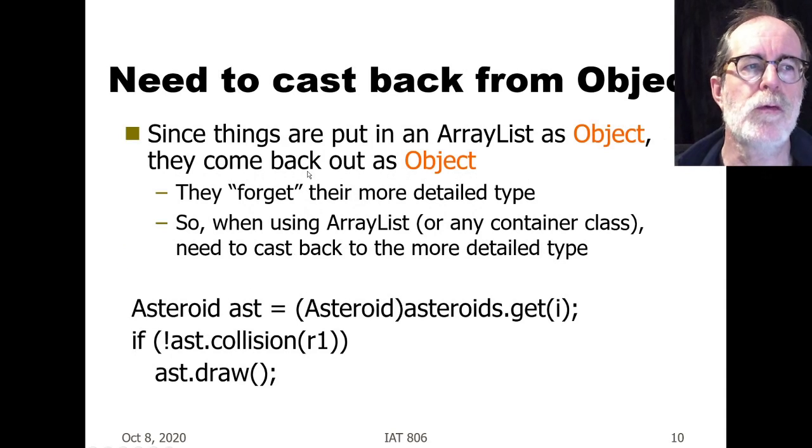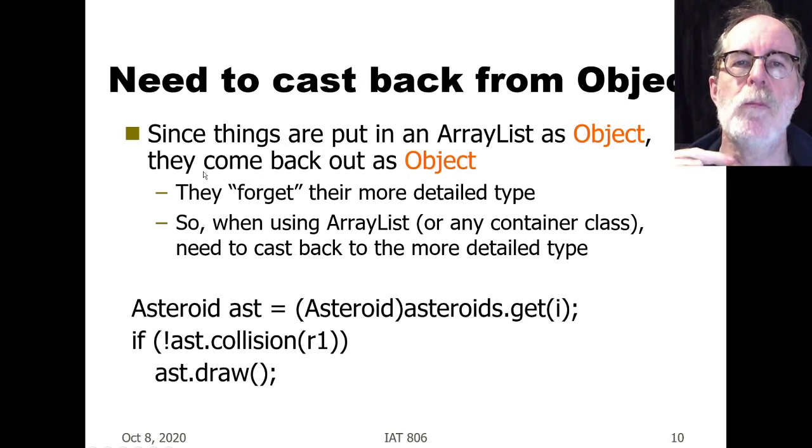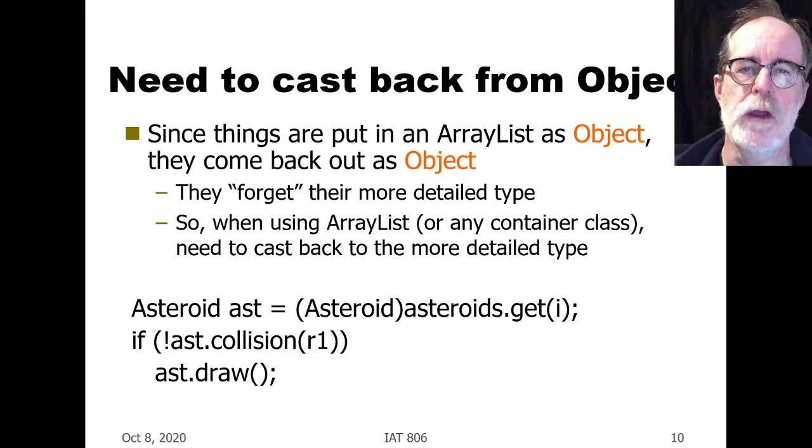Because we are putting asteroids into the generic ArrayList, what we are actually putting in there is Objects. Behind the scenes, there's some information stored in each object in Java about what the class type is. But on the programming side, it's as if when you insert an asteroid into this asteroids ArrayList, it kind of forgets what type it is.